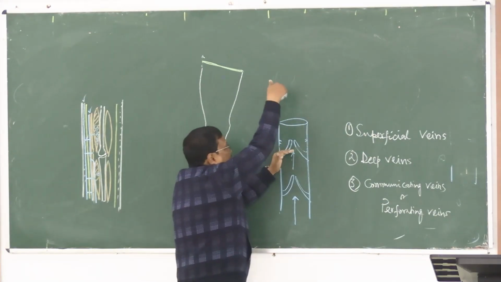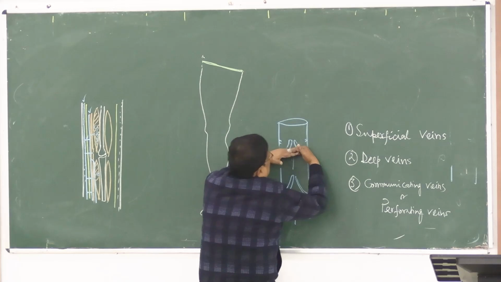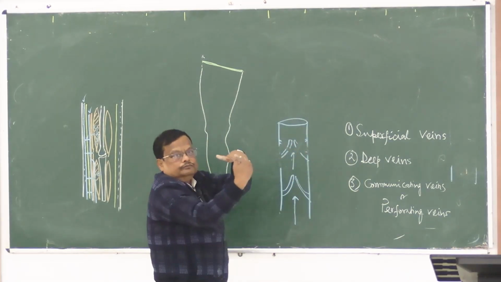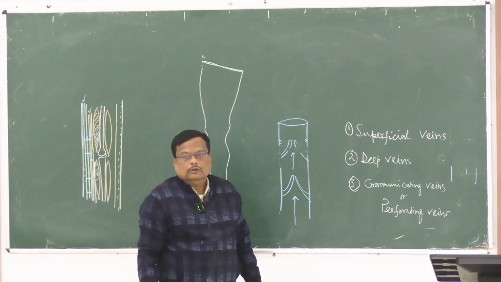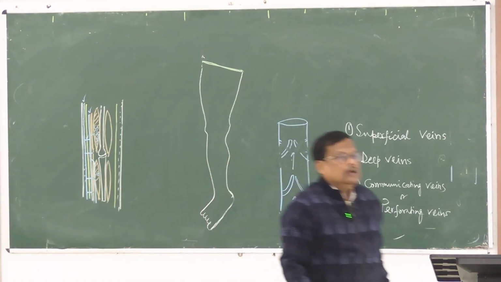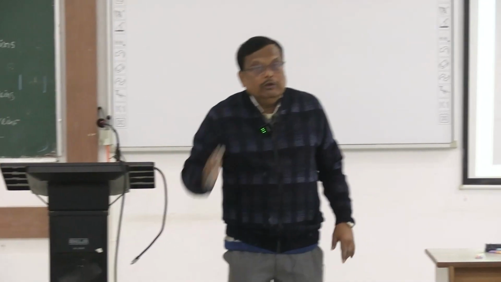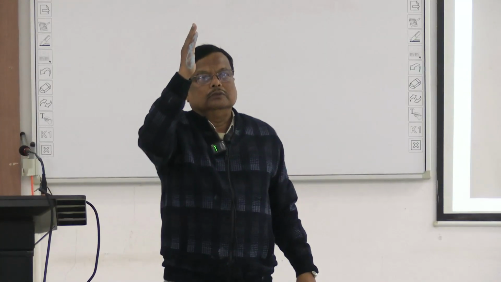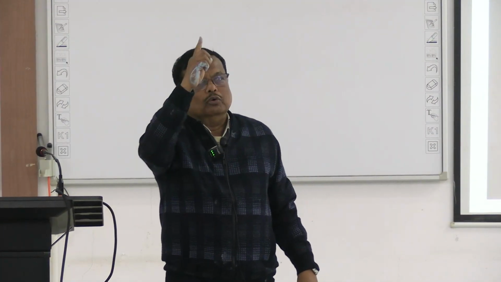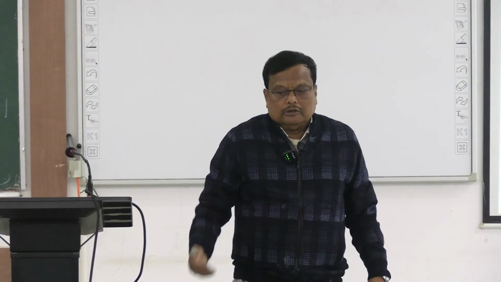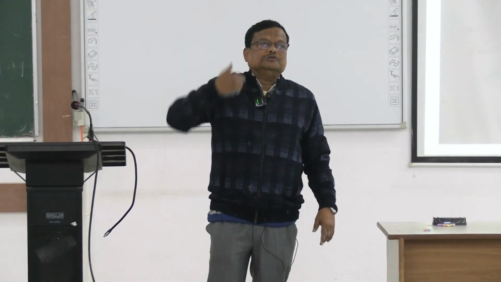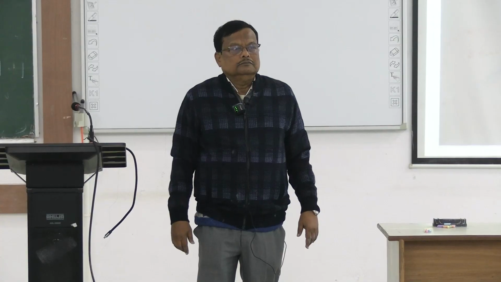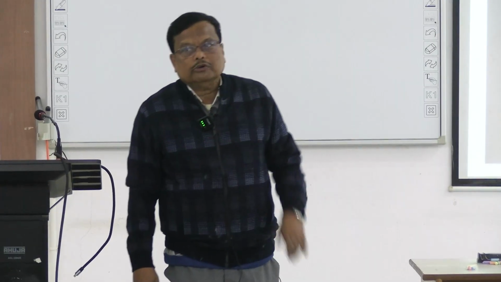But when the blood goes in the opposite direction, the valve is closed, so no blood can go down. So what is the function of the valve? Unidirectional flow, so that the venous blood can go from the periphery to the center. That is the most important part of the valves.